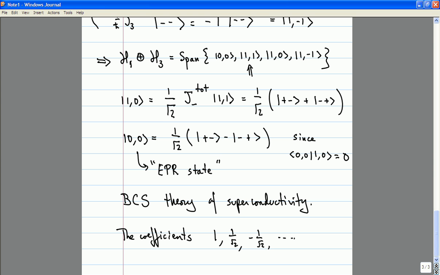And these coefficients have a name. They're known as so-called Clebsch-Gordan coefficients. For doing things like atomic physics, nuclear physics, and so forth, they're actually very important.